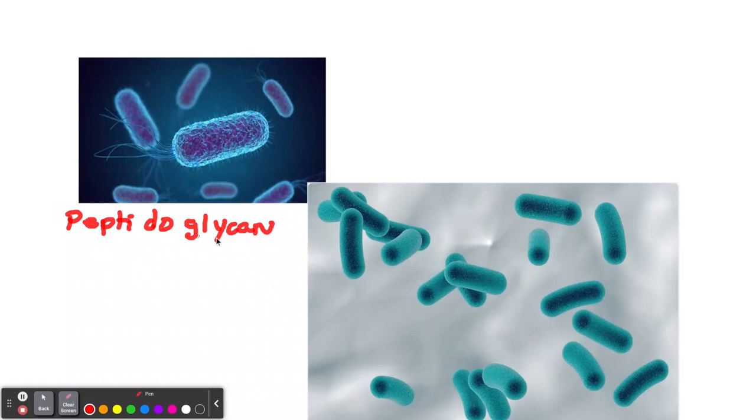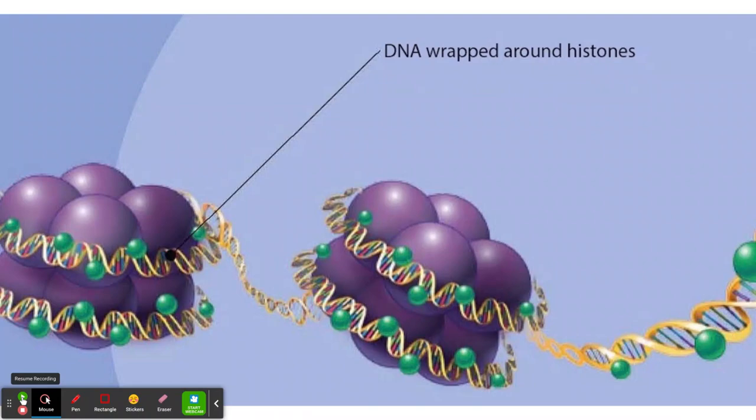So again, peptidoglycan is actually combined in one word here. It surrounds the cell wall of bacteria and protects bacteria. But archaea does not have it. In fact, we don't have it. No eukaryotes have it. So that's one difference between them.